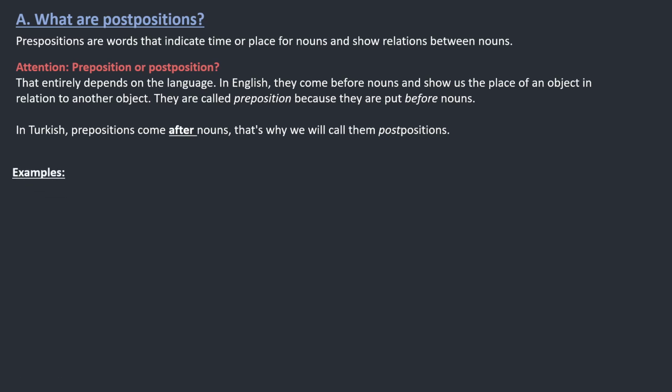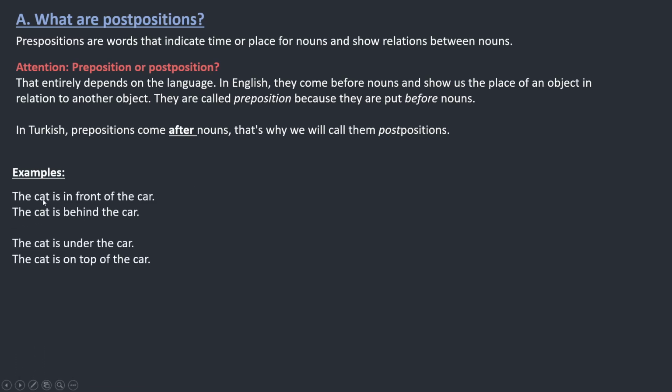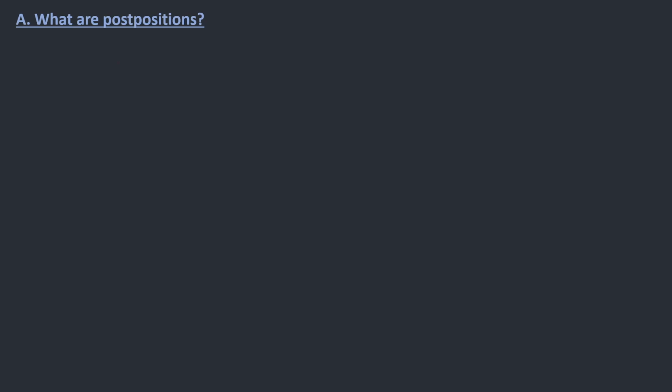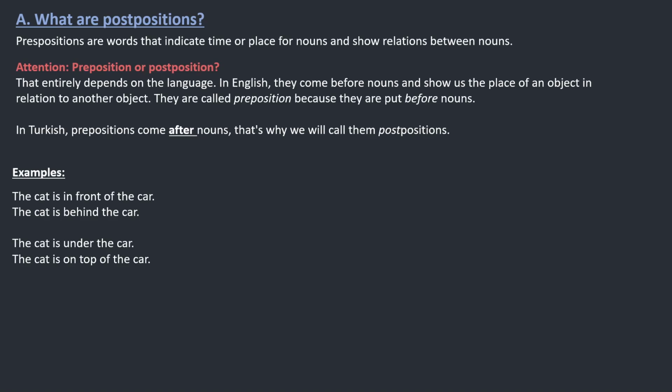So, for example, now there are these English sentences. The cat is in front of the car. How do we say this in Turkish? So we basically make a possessive relationship between two objects. So in Turkish, we are actually saying the cat is in front of the car. Actually, in front of is the same way.